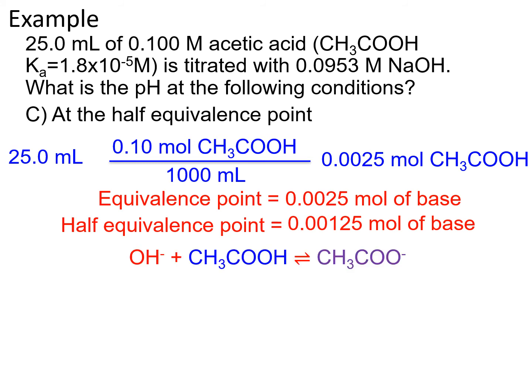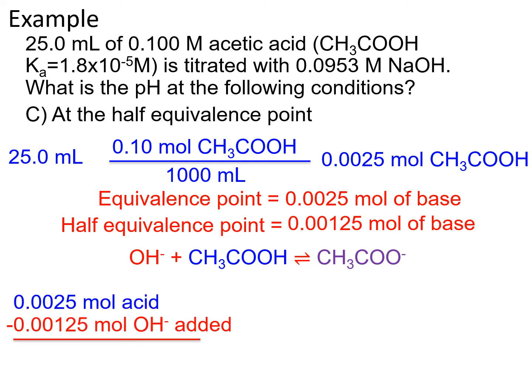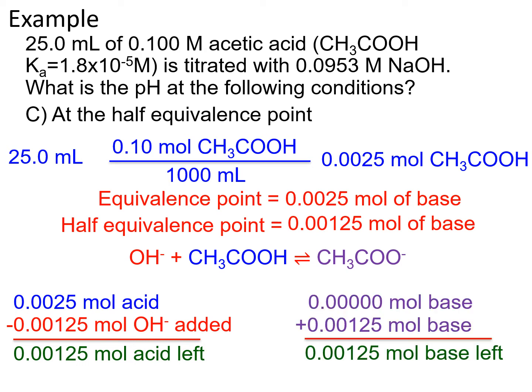So I will still be able to react my hydroxide with my moles of acetic acid, but I'll be able to subtract half of it. And you'll notice here that I'll have half of my acid remaining, thereby meaning half of my original acetic acid turned into its conjugate base.